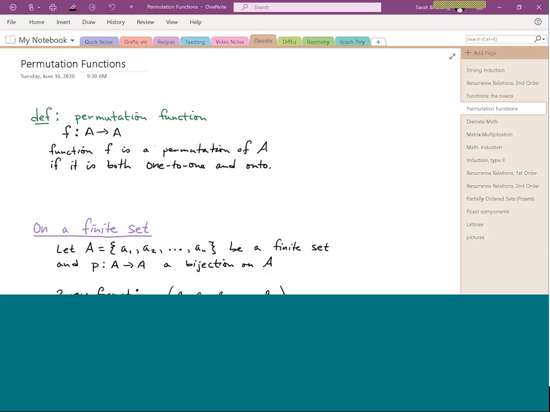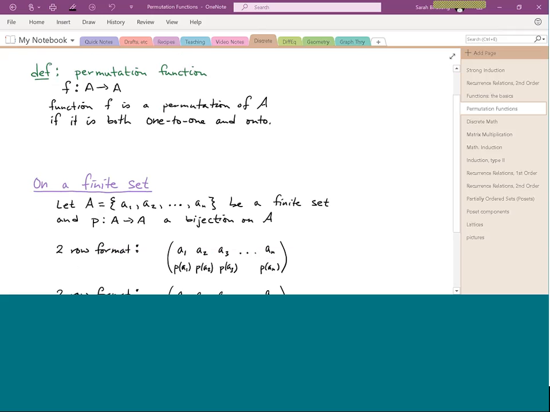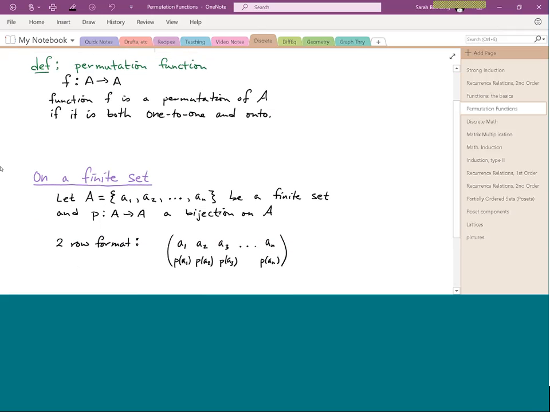So if we have our permutation function and it's on a finite set, what happens? Our building set A is just some finite set, so standard notation here, A1, A2, all the way to AN. So we have N elements in this building set. This tells you the cardinality of A is N, which is not infinity.